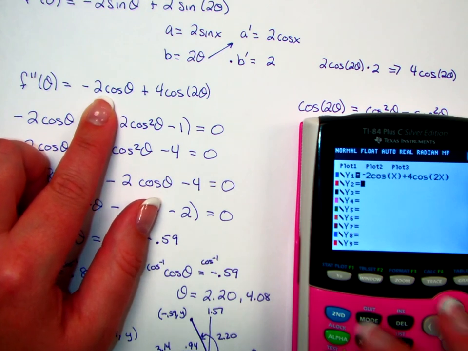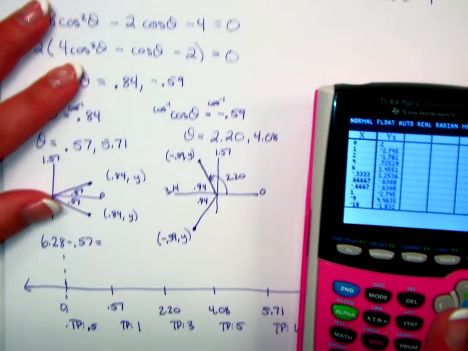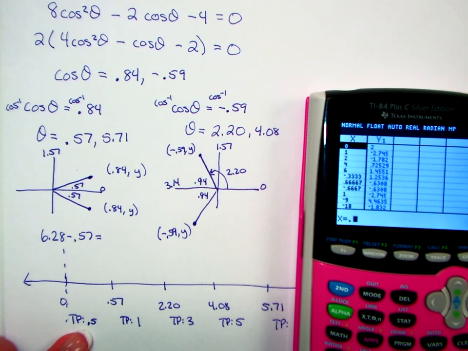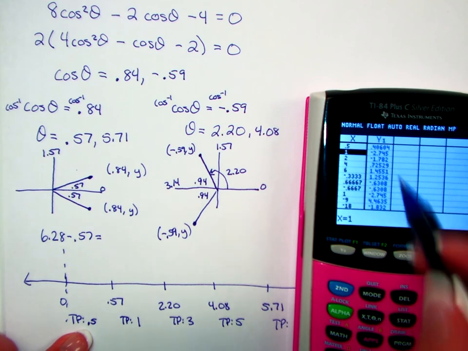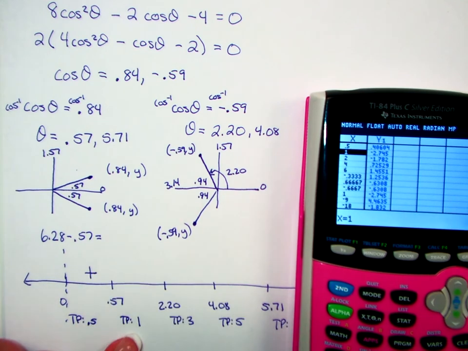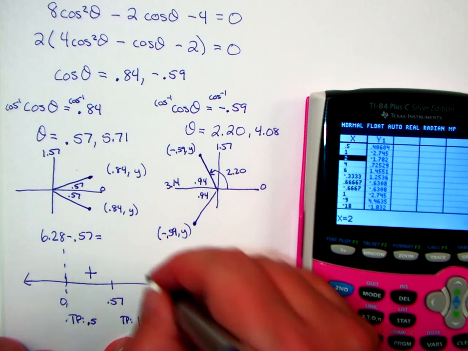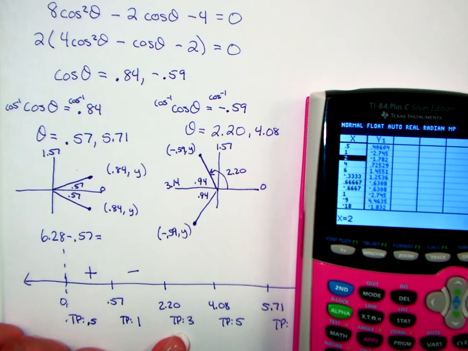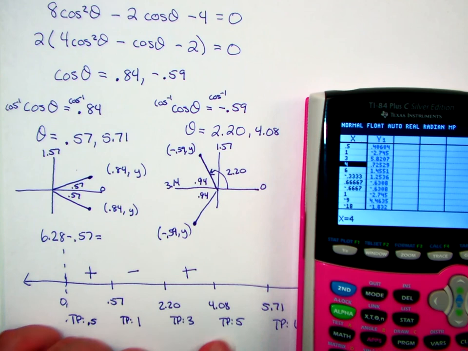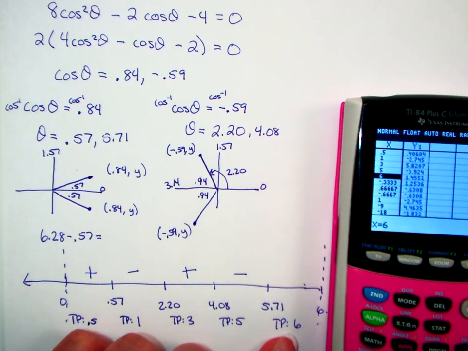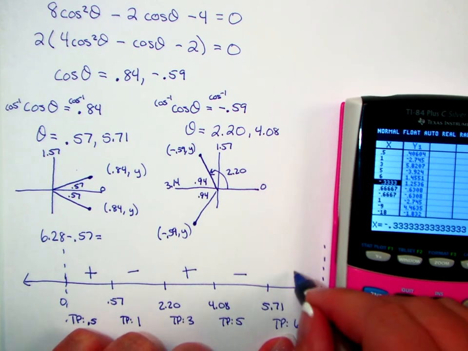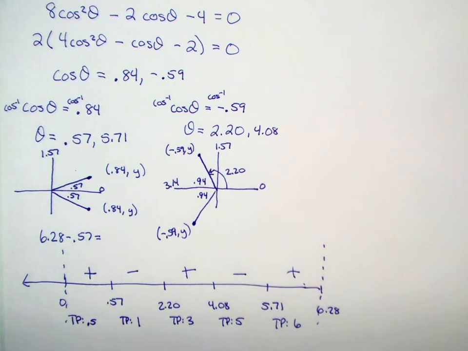And then go to the table and plug in those test points. 0.5 is positive. 1 is negative. 3 is positive. 5 is negative. 6 is positive. So it's going plus, minus, plus, minus, plus.